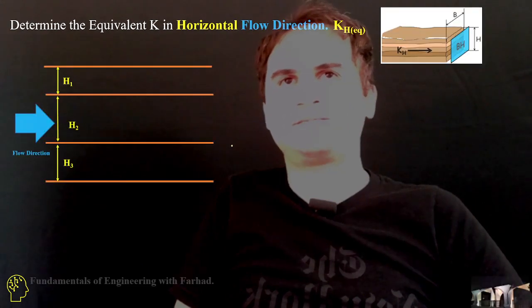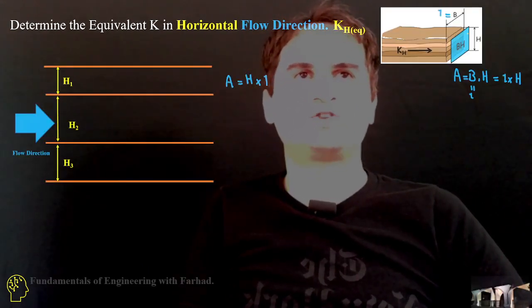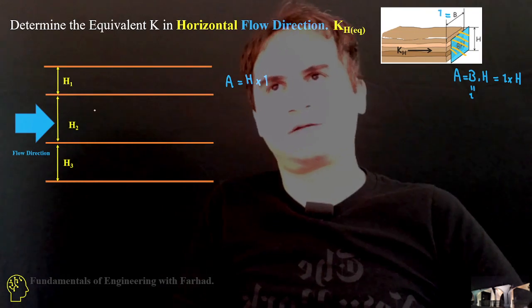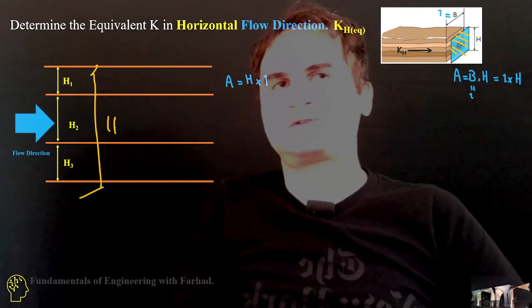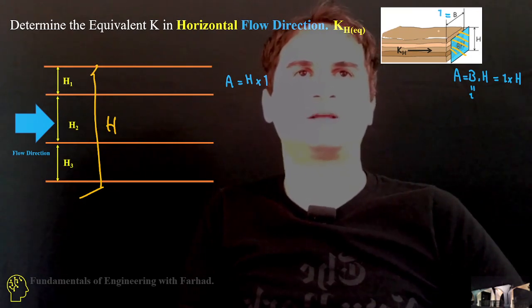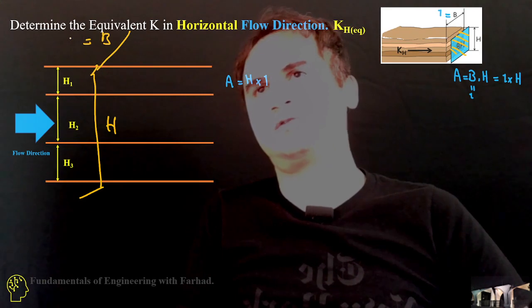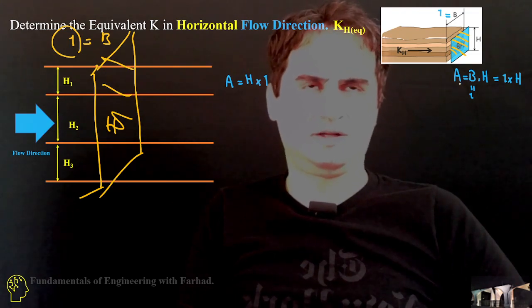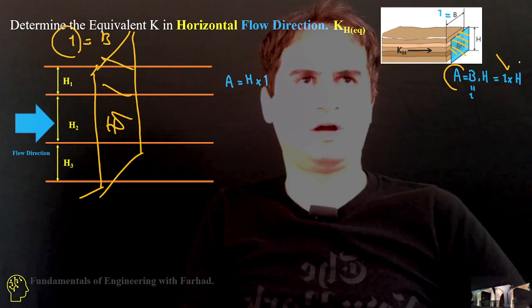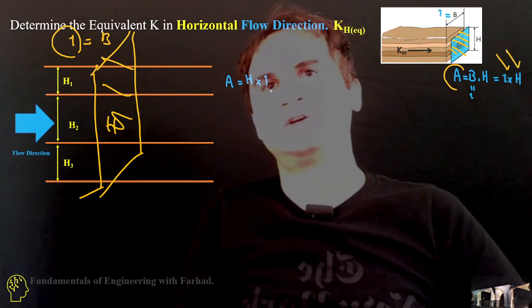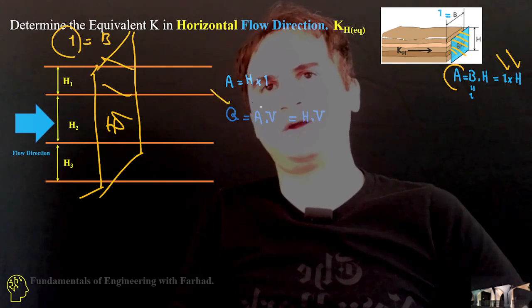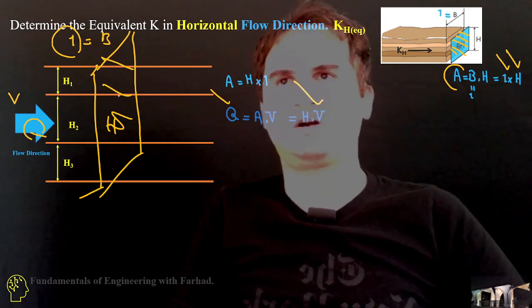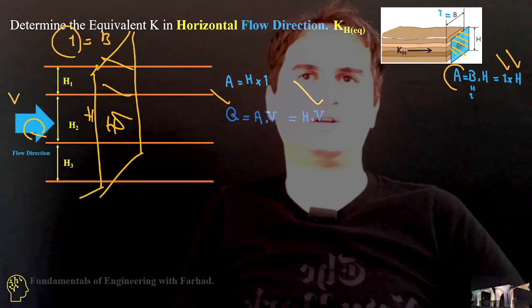If we have a cross section of our section, and this is total H, we can say area is B times H. If we consider the width of our flow as unity, a unit 1, each area just turns into 1 times H. We also know the discharge Q is equal to area times velocity of our incoming flow, so it turns into total height H times the velocity of our flow.